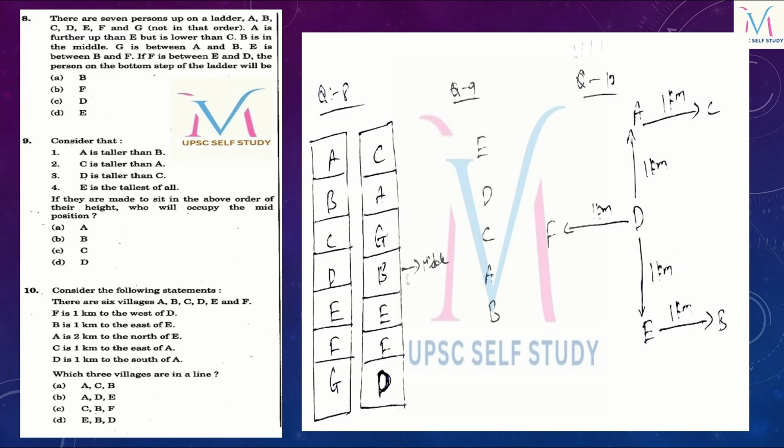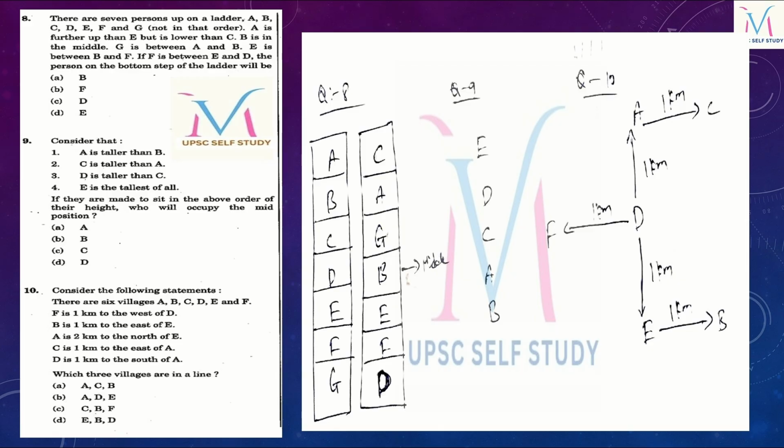C is 1 kilometer to the east of A. And A is 2 kilometers to the north of E. Again you have to write 2 kilometers to the north of E. From A to D it is 1 kilometer and D to E it is 1 kilometer. So A is 2 kilometers to the north of E. From E to D that is 1 kilometer and D to A that is 1 kilometer.